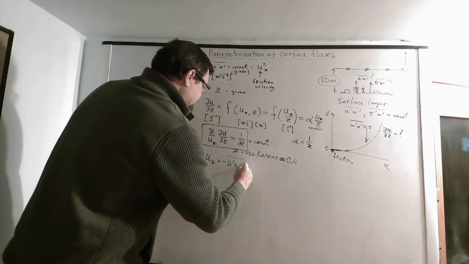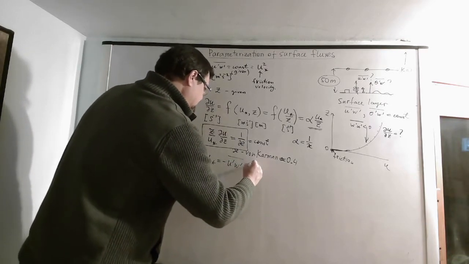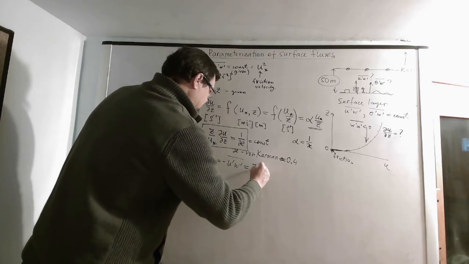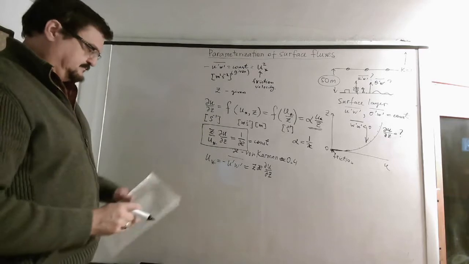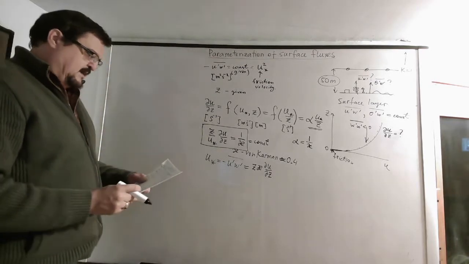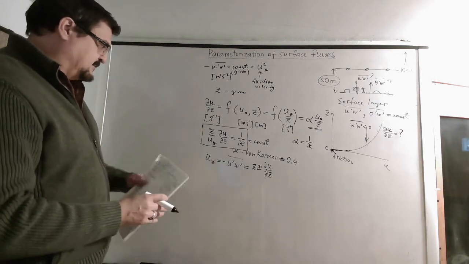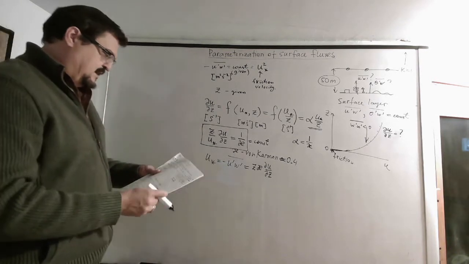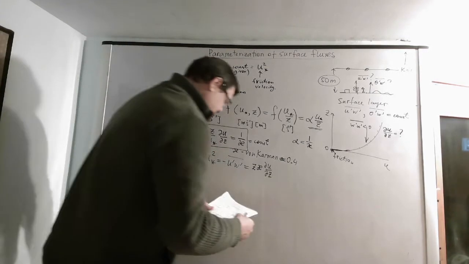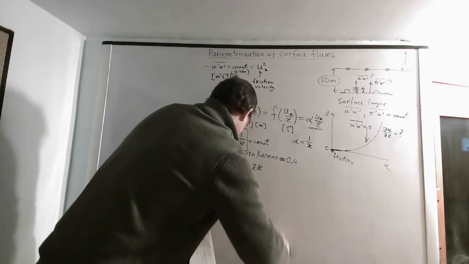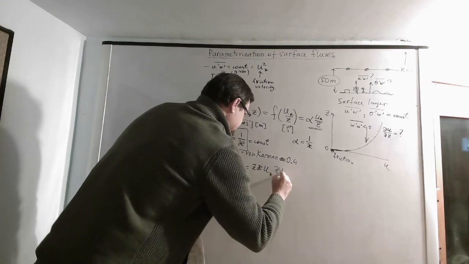So it equals kappa z u star times du dz. Sorry, this is u prime squared, so you multiply by 1 du dz.